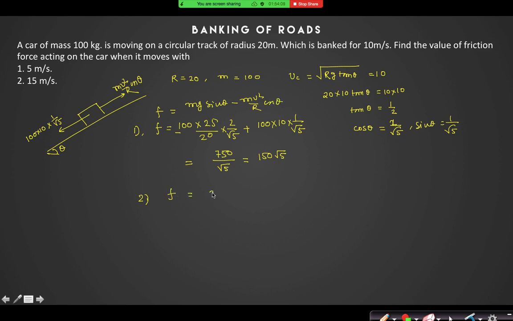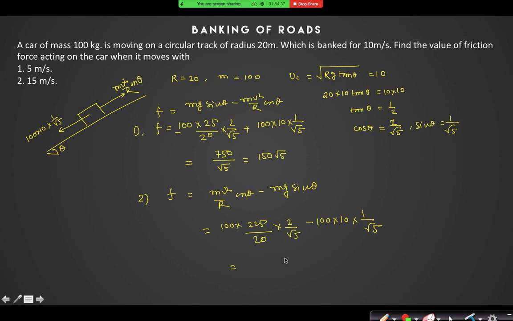So it is mv square by r cos theta minus mg sin theta. We can calculate it. mv square by r is 100 into 15 into 15, 225, by 20 into cos theta is 2 by root 5 minus m into g into sin theta is 1 by root 5, right?